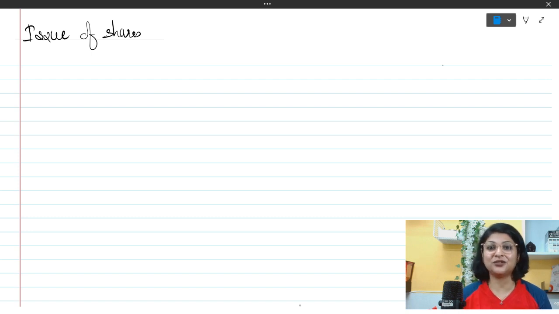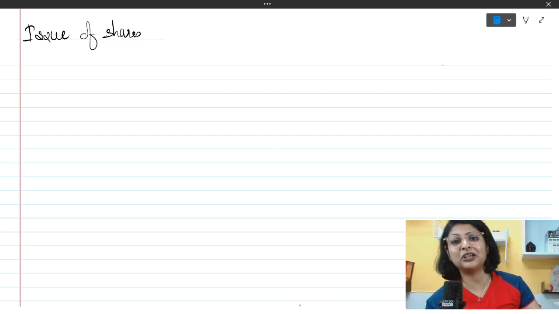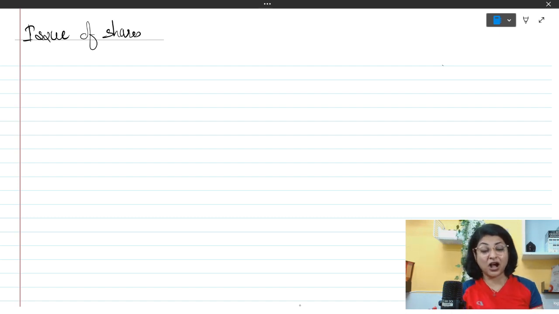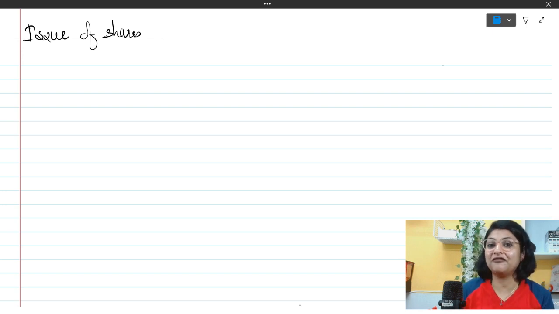Company accounts includes issue of shares, issue of debenture, and some part of final accounts, though final accounts is in the analysis of financial statements. So issue of shares and issue of debenture together is 24 marks for CBSE, and for ISC 11 marks. So this is one of the most important chapters.